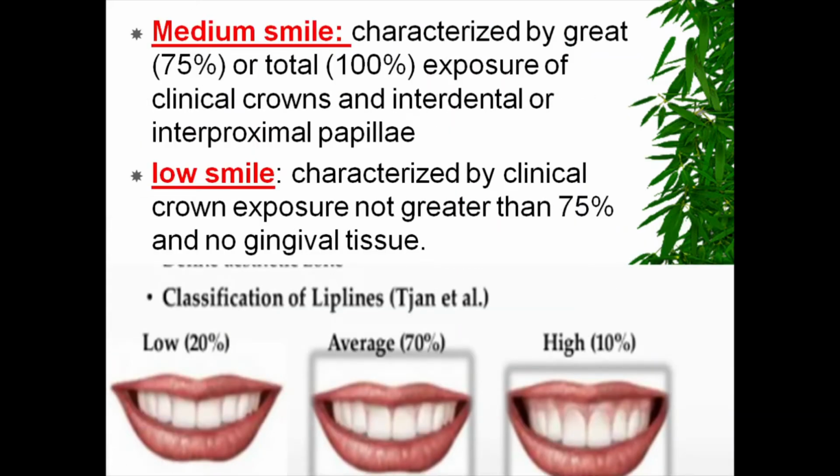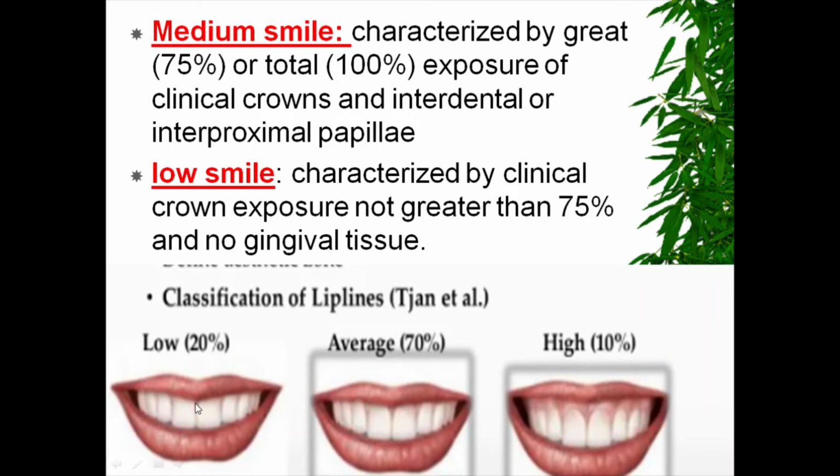Now the medium smile line, characterized by 75 to approximately 100% exposure of the clinical crown, and only the interdental papillae are exposed. So in this, only 75 to 100% exposure of the clinical crown and only interdental tissues are there.